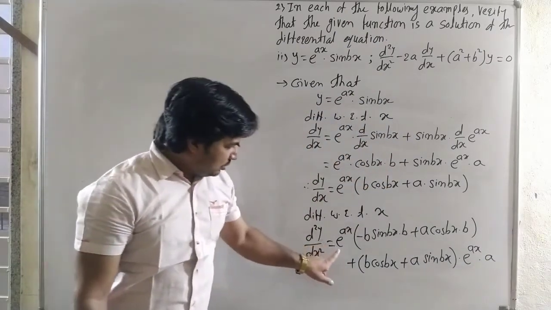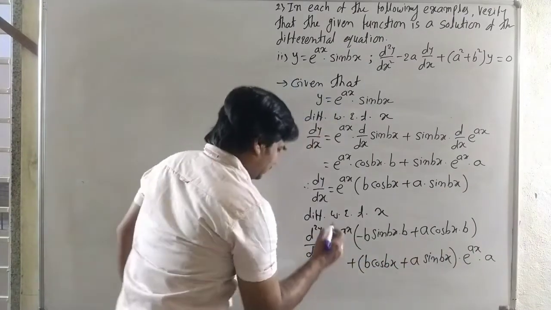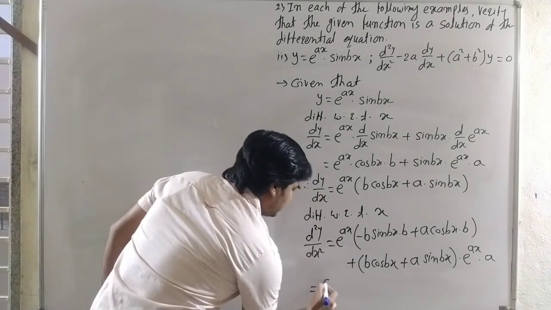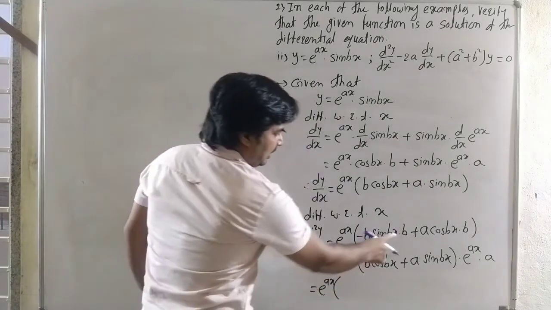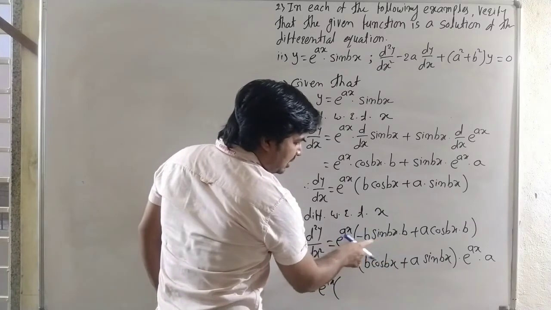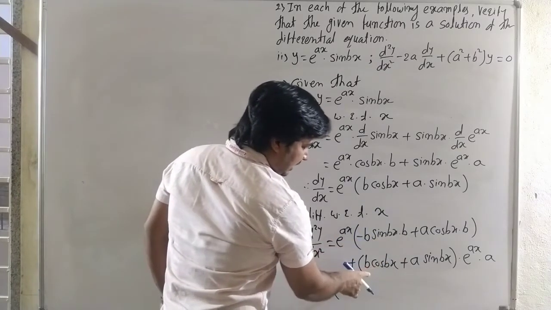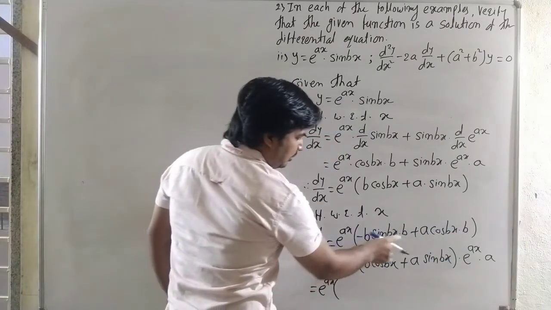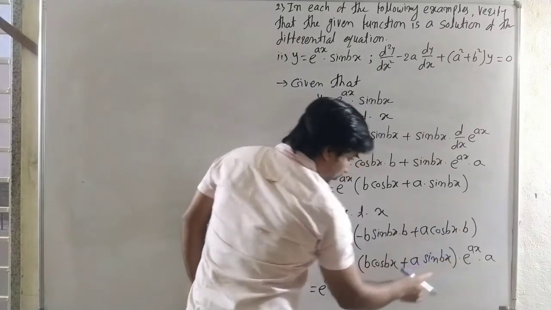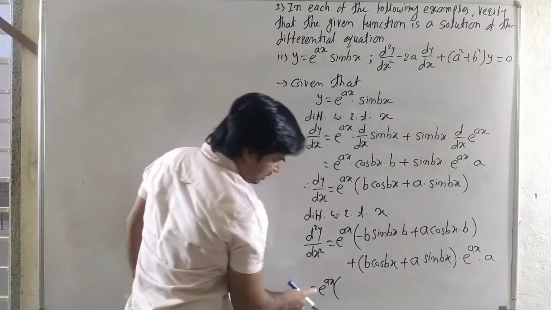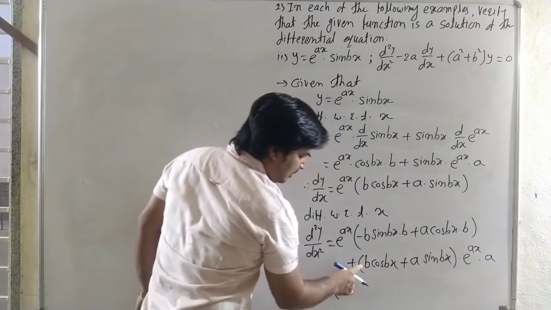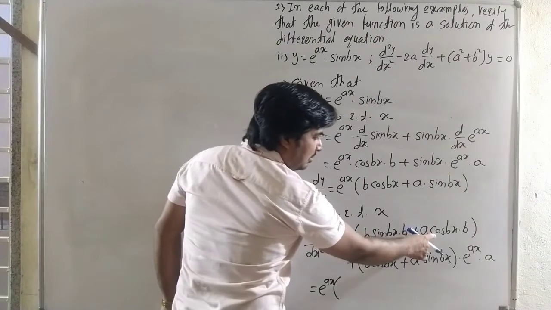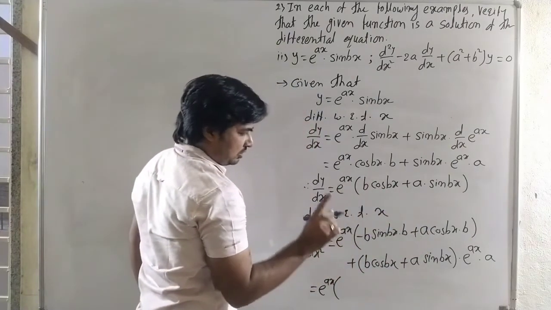Again here e raised to ax and e raised to ax, we take common. When we take common, see carefully this, e raised to ax common, then it is minus b square sin bx. Then here ab cos bx. Then again here we multiply by this a, e raised to ax common, it is again ab cos bx. Here ab into cos bx and here ab into cos bx, it is 2ab cos bx.